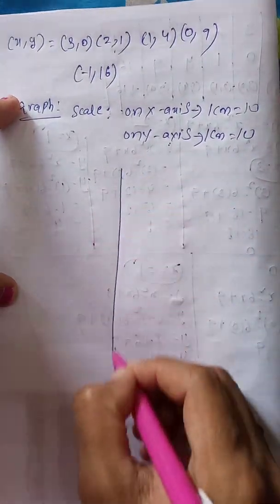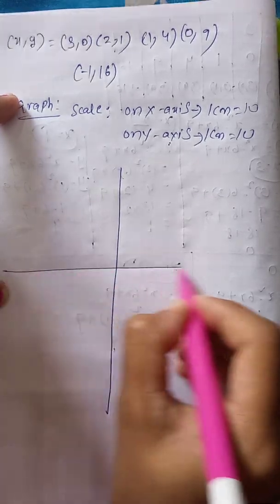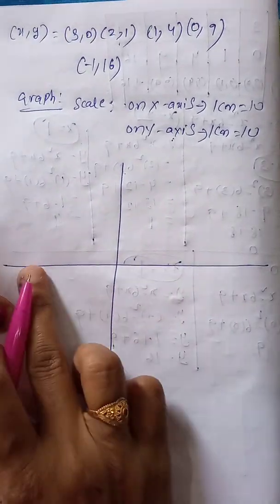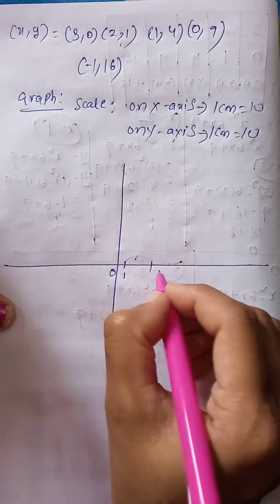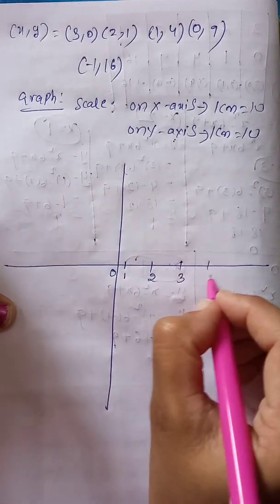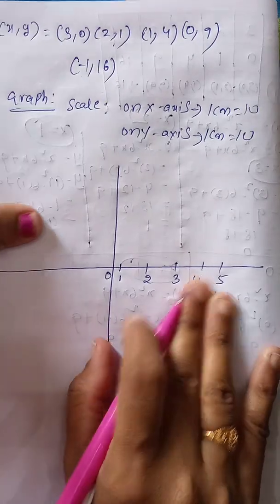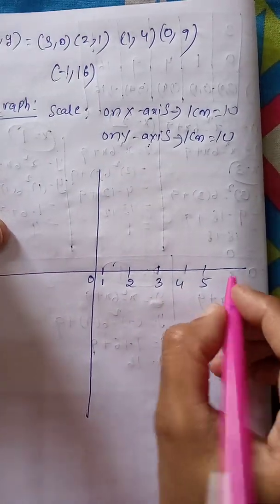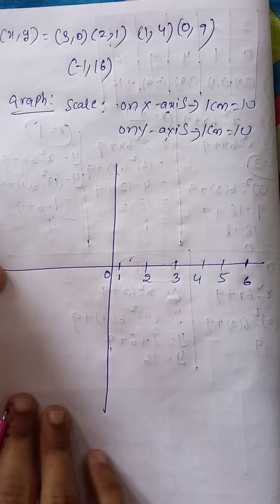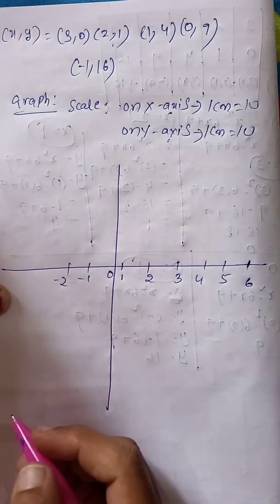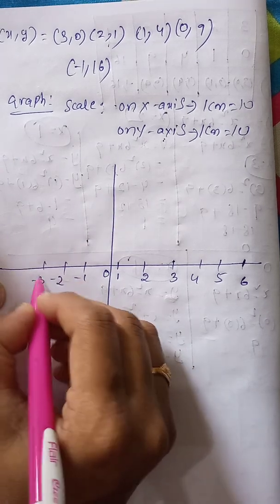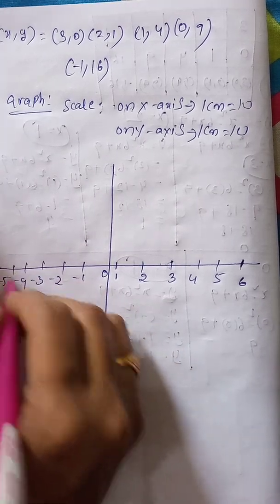On the x-axis, this side we have all positive values 1, 2, 3, 4, 5, 6, and minus 1, minus 2, minus 3, minus 4, minus 5.